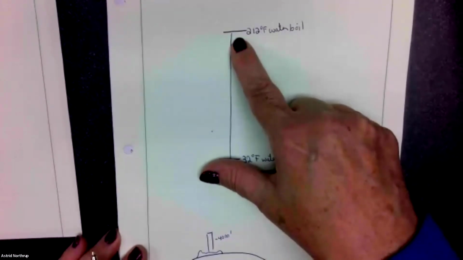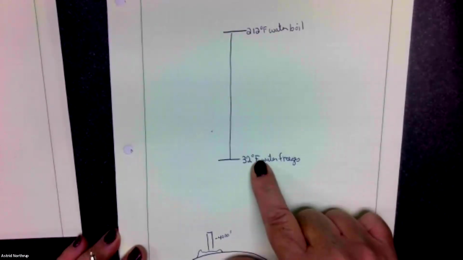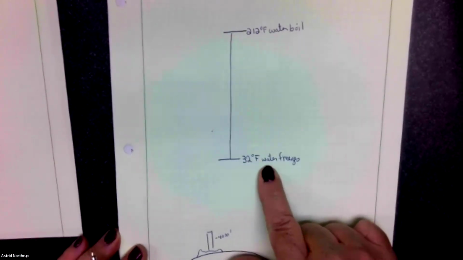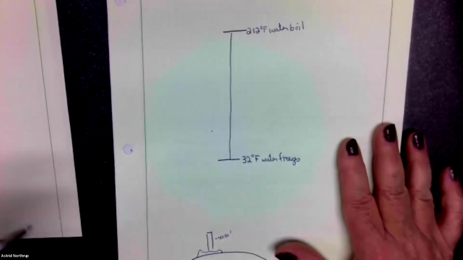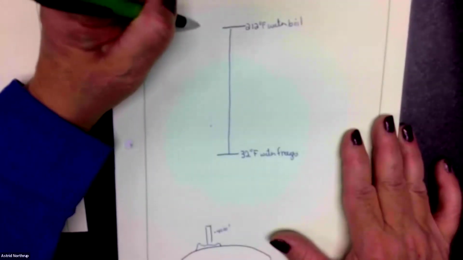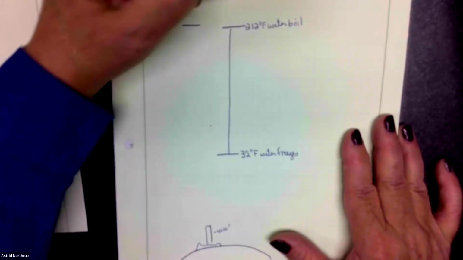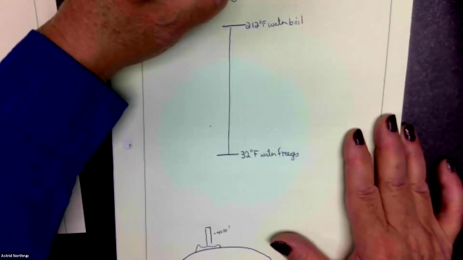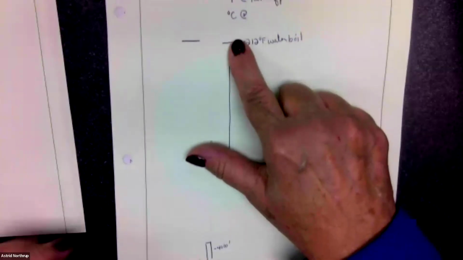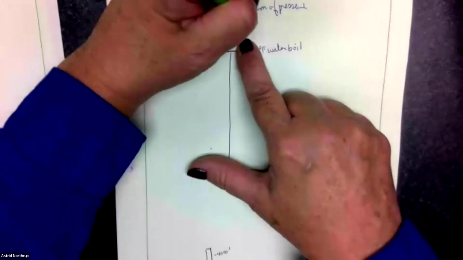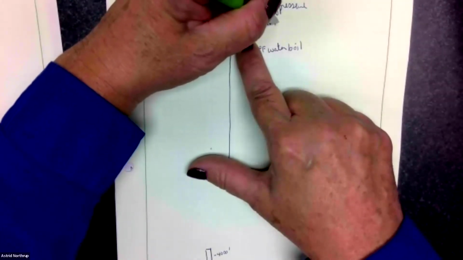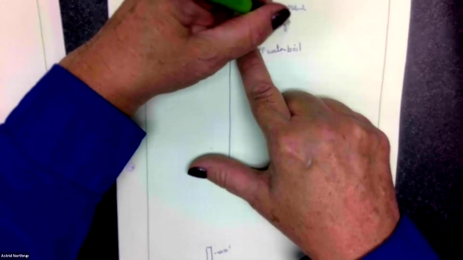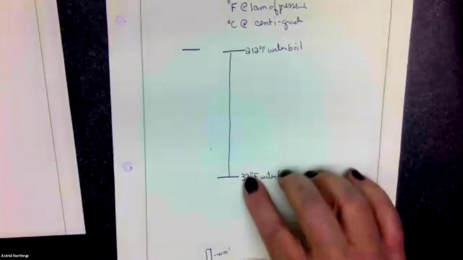All right, so here we go. 212 degrees Fahrenheit, water boils. 32 degrees Fahrenheit, water freezes. Well, another guy comes along, and his name is Celsius, which we have now renamed centigrade, because centi means hundredth, and grade just refers to gradation or measurement.